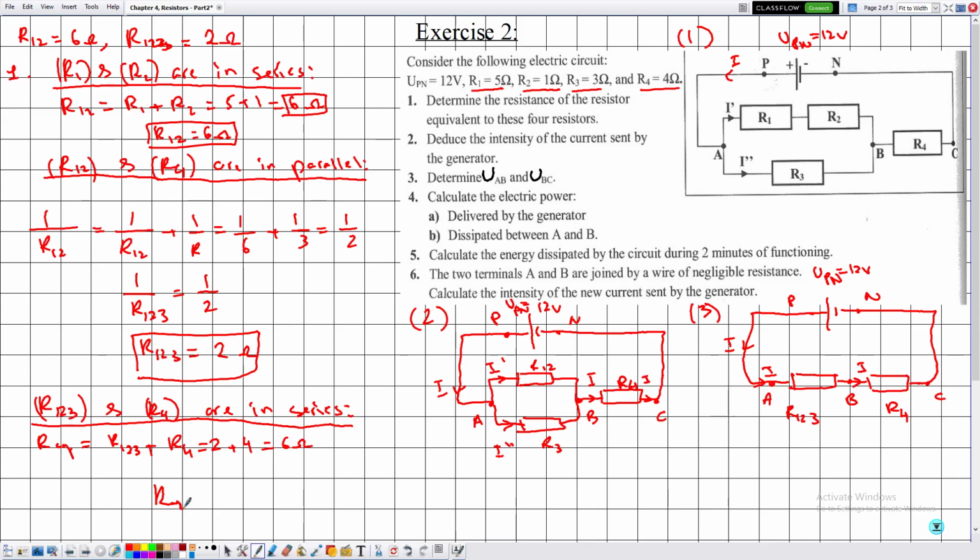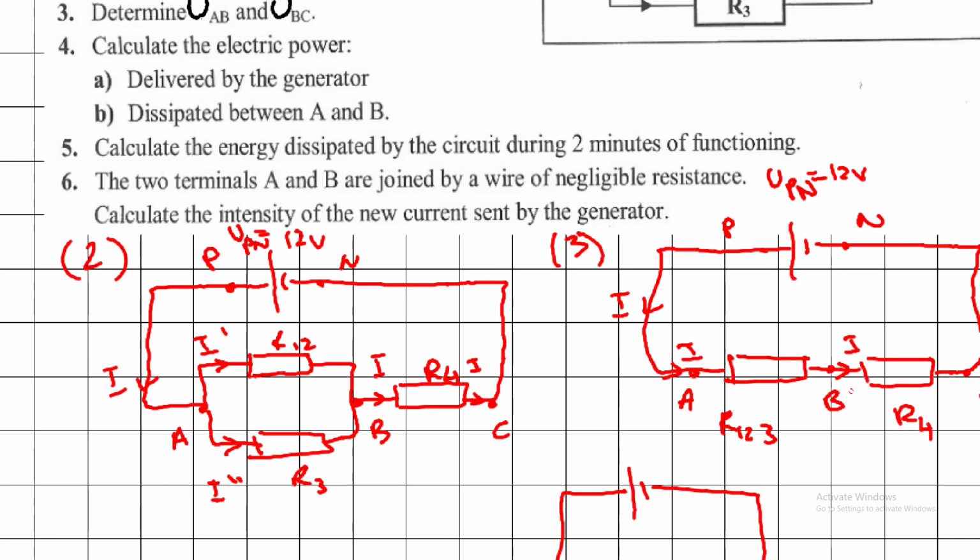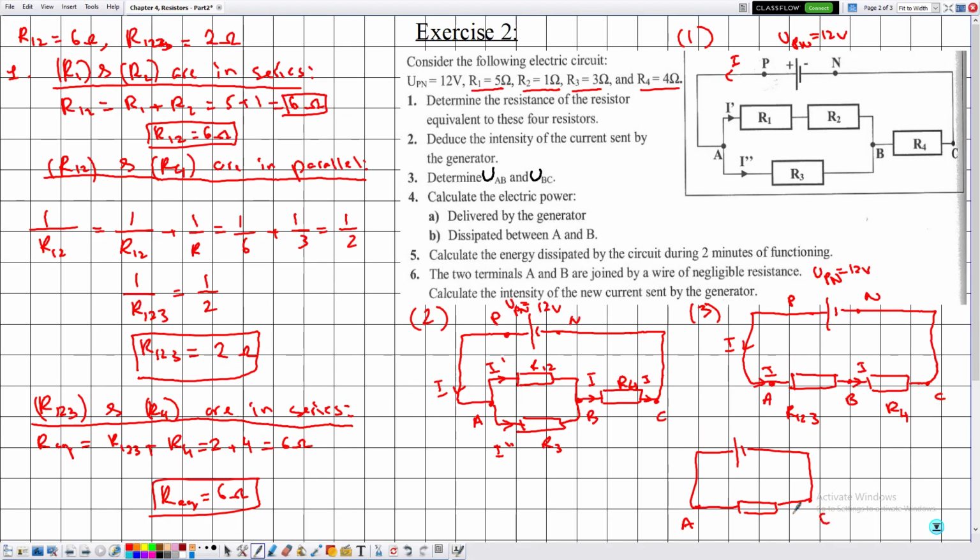Then R equivalent, always the final resistance, we name it R equivalent. And the final electric circuit is given by this. Then eventually the point B will disappear. This is the point C, traversed by current I, and this is the point P, this is the point N, and UPN is equal to 12 volts.